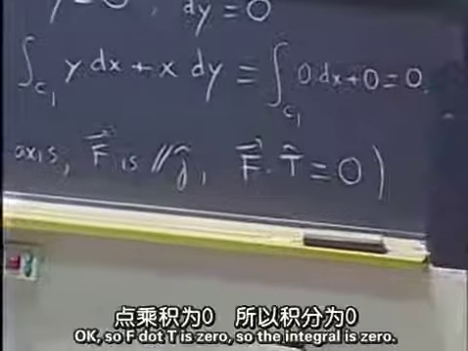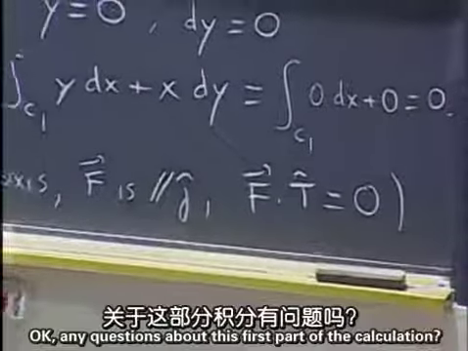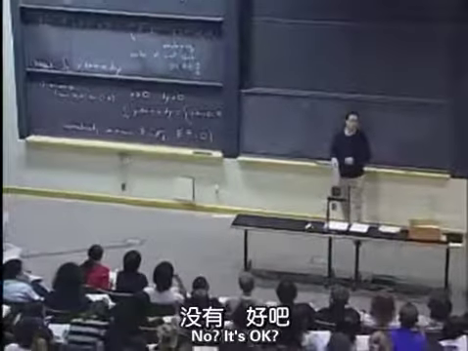Okay, so F dot T is 0, so the integral is 0. Okay, any questions about this first part of the calculation? No? It's okay?